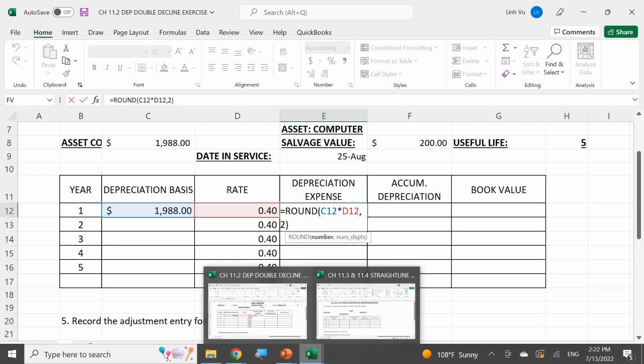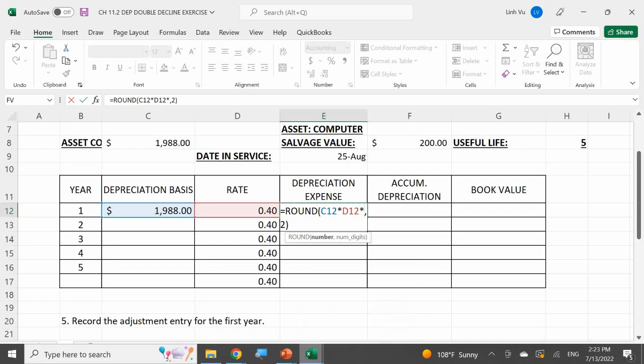You leave the C12, but you multiply it by 4/12. Good, excellent, because we only need to know how much it is for 4 out of the 12 months.